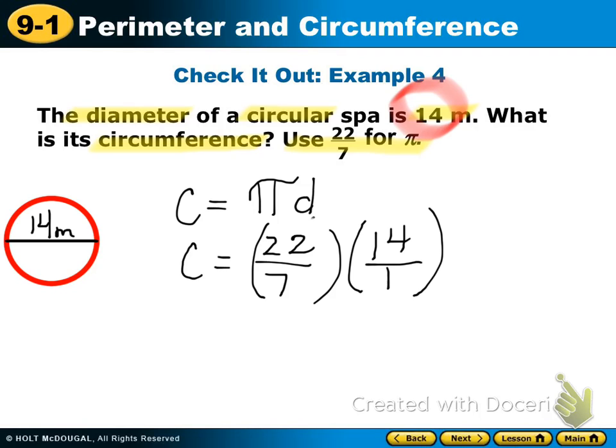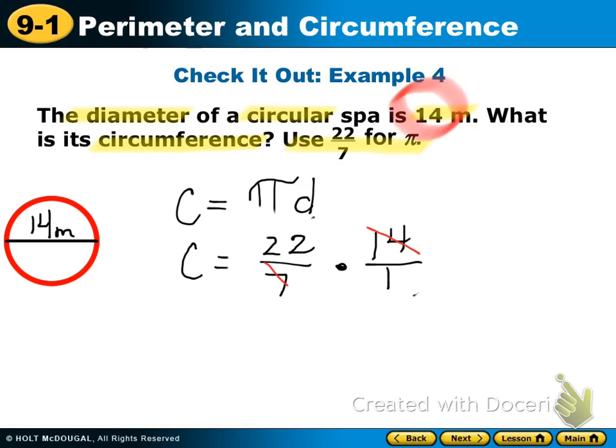So now we're just multiplying fractions. Now the reason why this should be very simple for you is if I take away these parentheses and instead, let's say I use our dot, then you can see easily that I can cancel or simplify before I multiply.